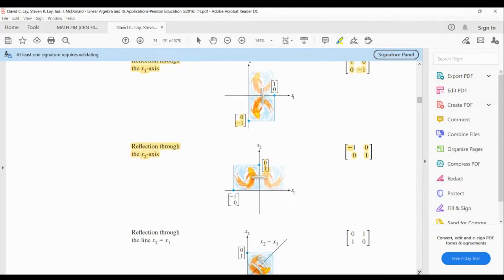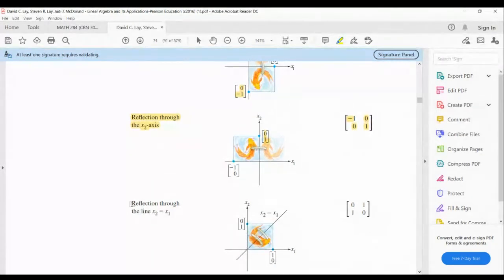Let's go down to here, reflection about the line x2 equals x1. So they have here in the first column of the standard matrix for your linear transformation the vector 0, 1.